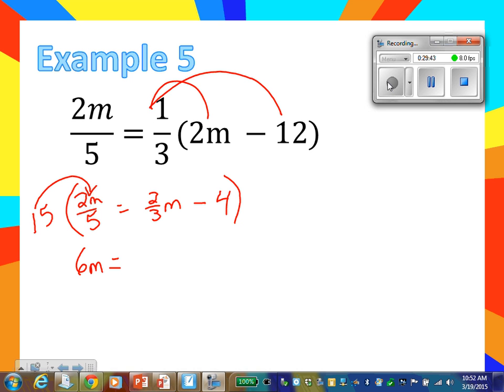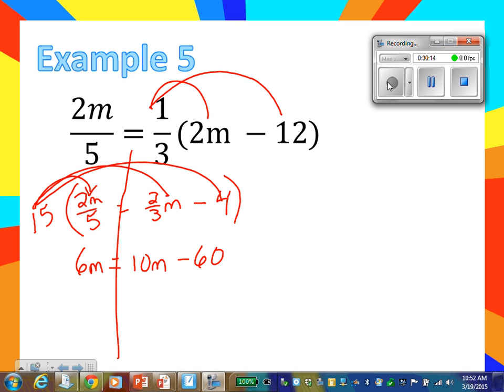They won't completely cancel, but they will reduce, and I told you when I gave you my sales pitch the other day, I'm not going to completely just cancel it out, but I will be able to change it into a whole number for you. Okay? So then I times 15 here, and I get 10m, and I times 15 here, and I get negative 60. Okay? Step 3, combine anything here, combine anything there.